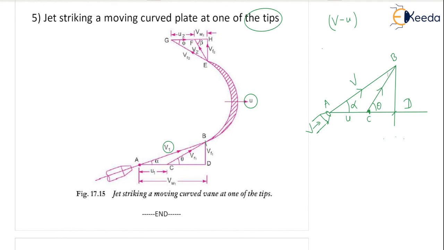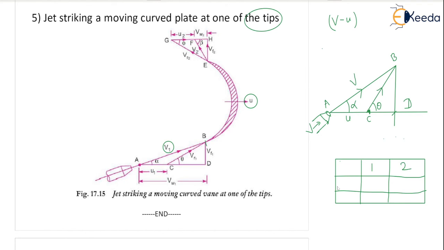So AB vector, and this table is very, very important. Look at this table: 1, 2, and V is velocity. The velocity at inlet is making alpha, and at the outlet it is making beta, and the relative velocity VR is making theta, and here phi. Like that I will give the naming of the triangle here.